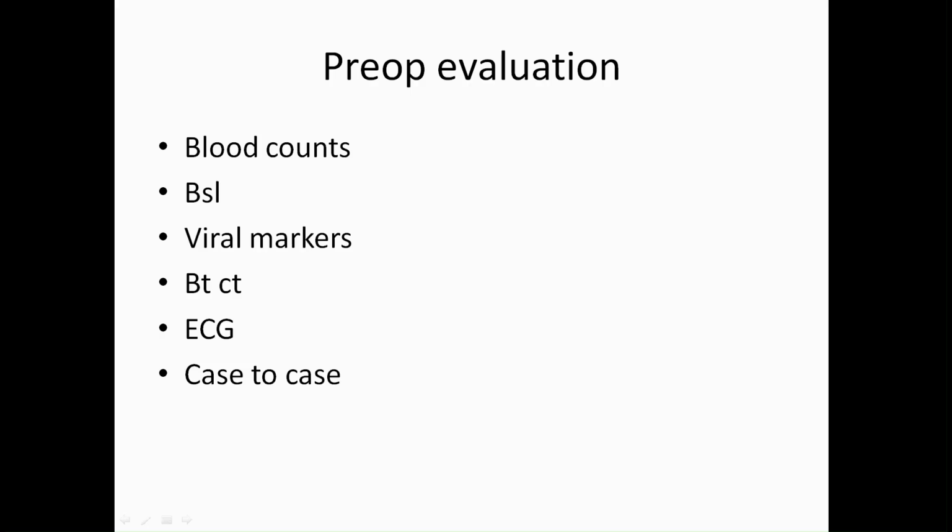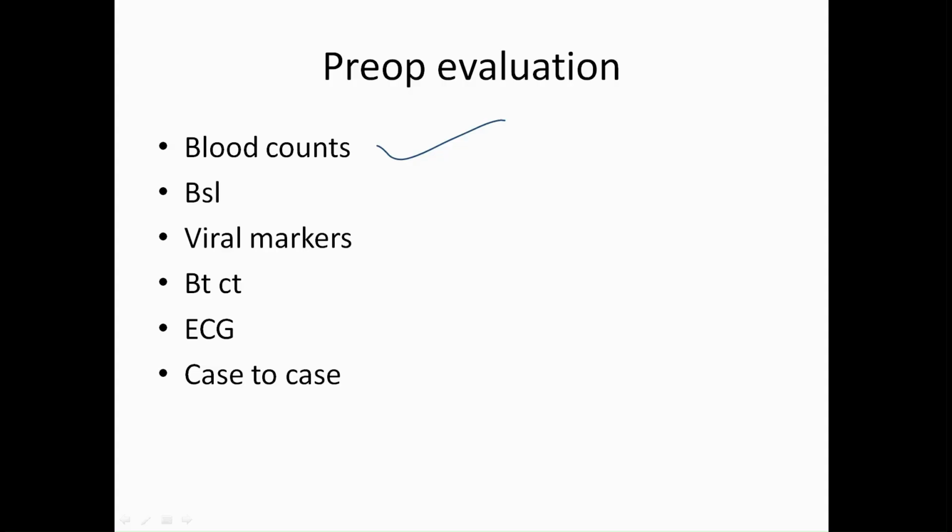When you have a case of cataract in your clinic, you should know how to do the pre-op evaluation of a cataract patient, which involves complete blood count, that is the hemoglobin, the WBC, the differential counts, the platelets, etc. Then you have the blood sugar level, because if somebody is suffering from very high blood sugar levels, we do not operate.